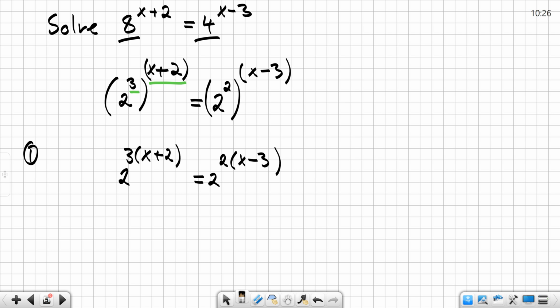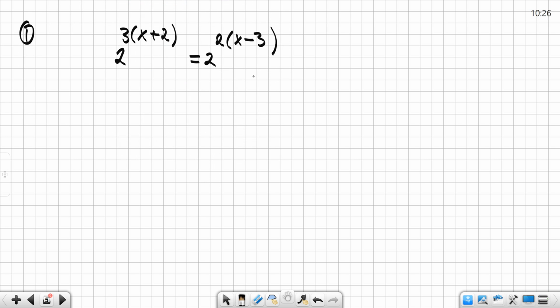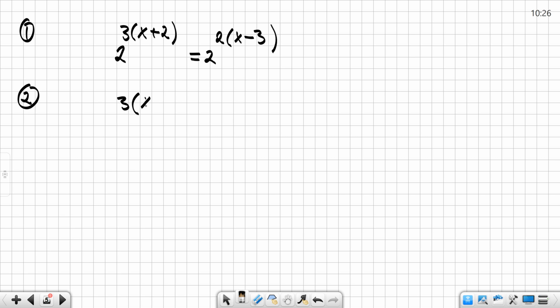On the left side I have a base of 2, on the right side I have a base of 2, and that means now that my exponents have to be equal to each other. I set my exponents equal to each other. 3 times x plus 2 is supposed to be equal to 2 times x minus 3. We are solving a linear equation in one variable.